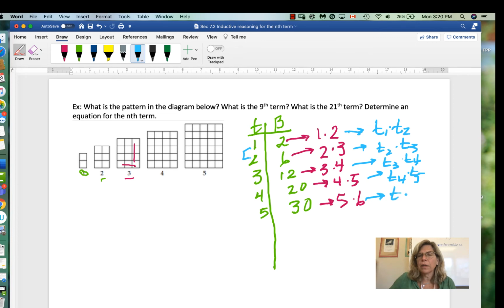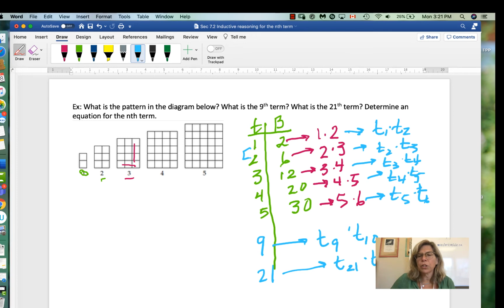And so then, if we want the 9th term, well, the 9th term would be term 9 times term 10. And if we want the 21st term, well, that'll equal term 21 times term 22.